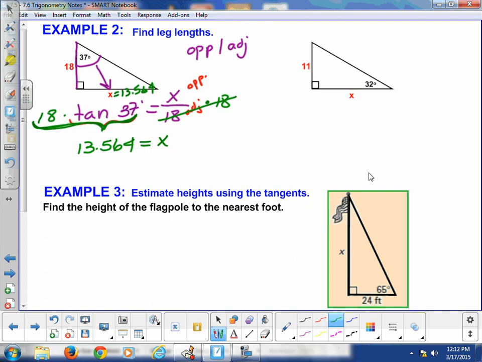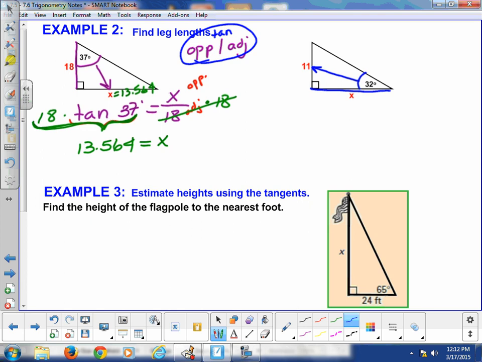The next one. It's the same problem, but not really, and you'll see in a minute here. I have an angle measure, I know the opposite, and I'm looking for the adjacent. Sounds like a recipe for tangent, doesn't it?